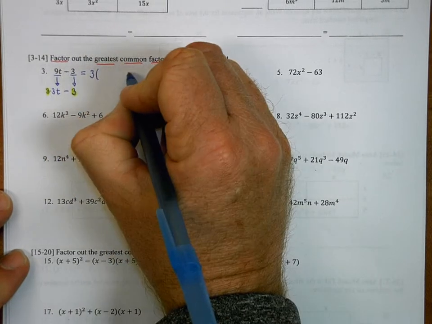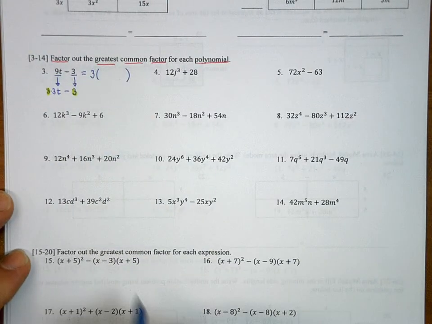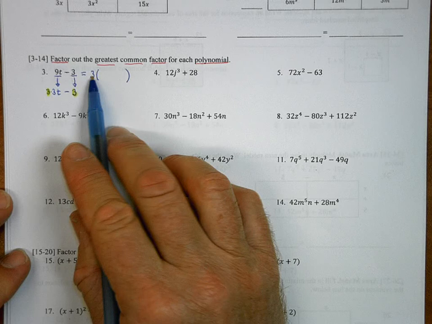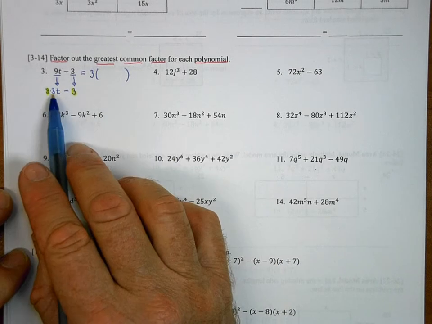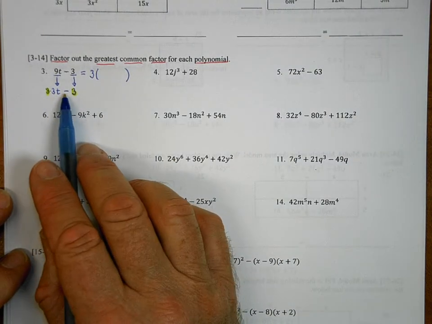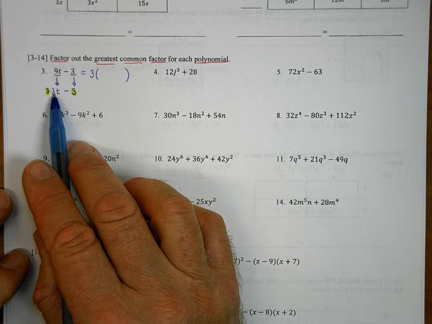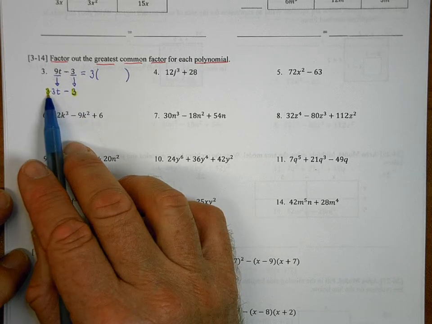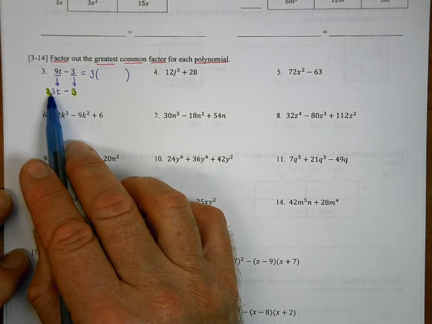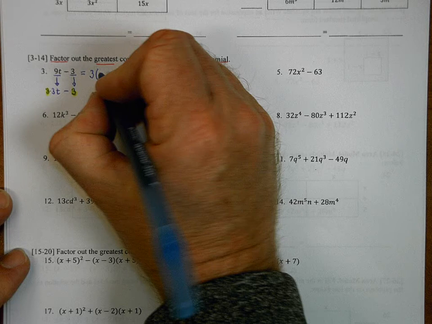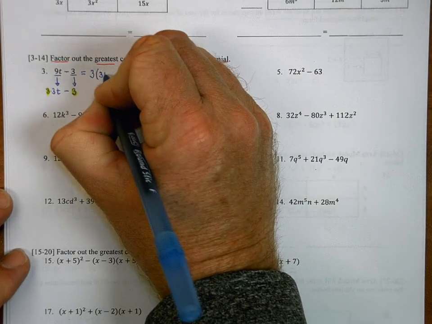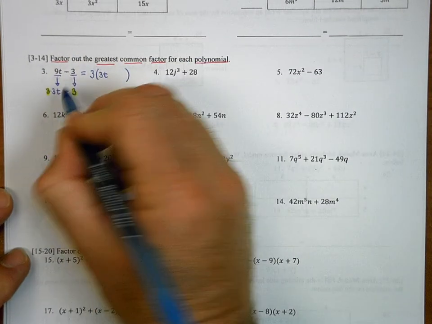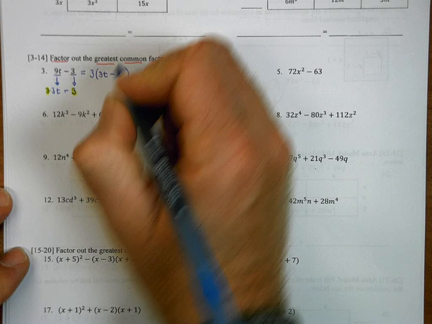Then I'm going to put a parentheses next to the greatest common factor, and then I'm going to simply write down what is left over from my lists. In my first list, what is left over is 3t. So I write 3t. A plus sign is left over, so I put a plus sign.